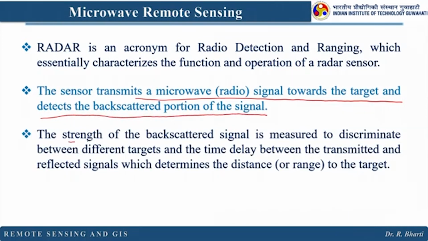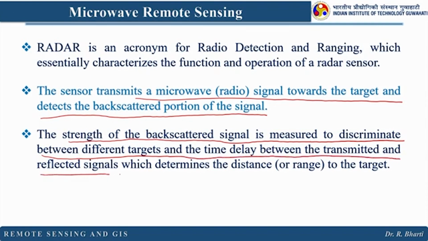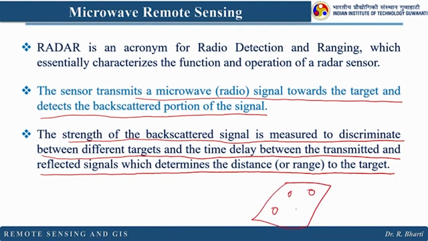The strength of the backscattered signal is measured to discriminate between different targets, and the time delay between the transmitted and reflected signals determines the distance to the target. So that will define whether this material is situated here, here, here, depending upon their time, right.